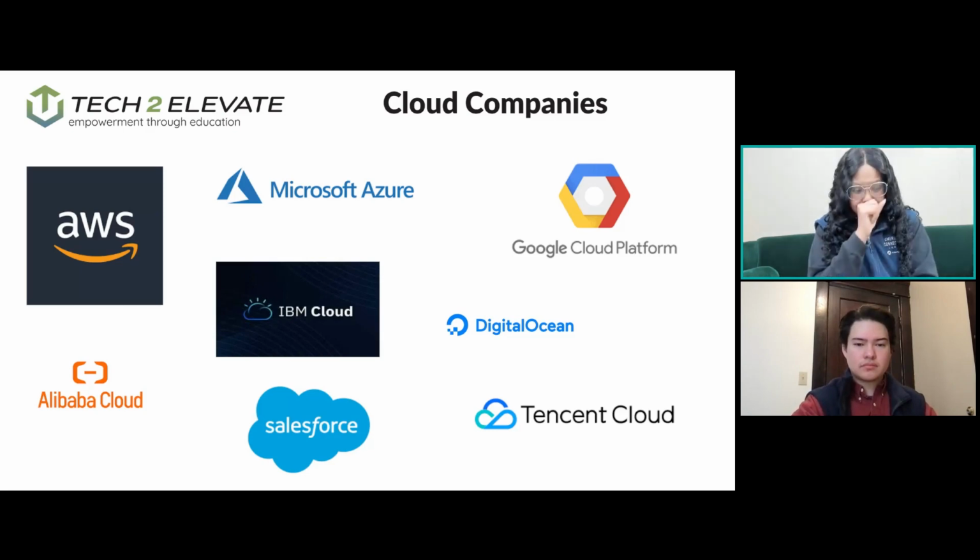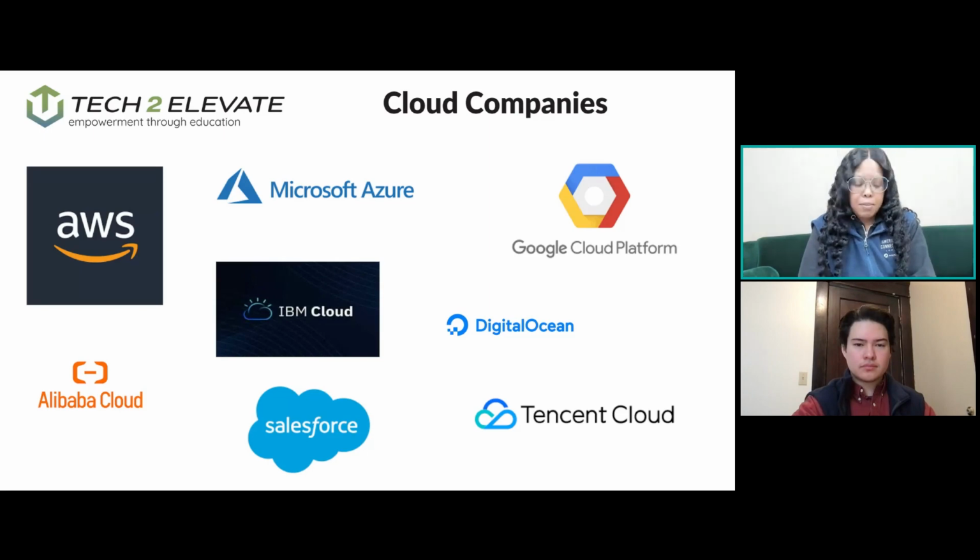AWS, which is Amazon Web Services, they're probably number one now as one of the companies when it comes to cloud. And so you probably are familiar with hearing AWS or seeing that icon, that symbol. But that would be for Amazon Web Services. So that is their cloud.